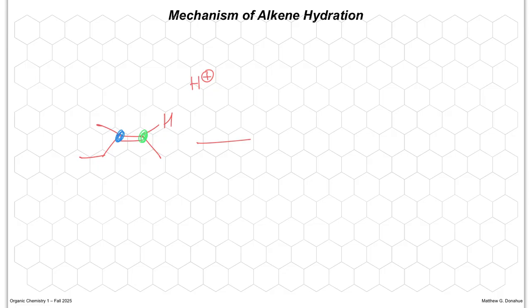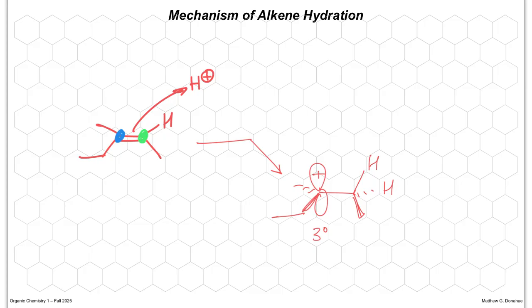So there are always two choices with these mechanisms about which carbon is getting the electrophilic reagent first. If we show protonation of the green carbon, that generates a tertiary carbocation.